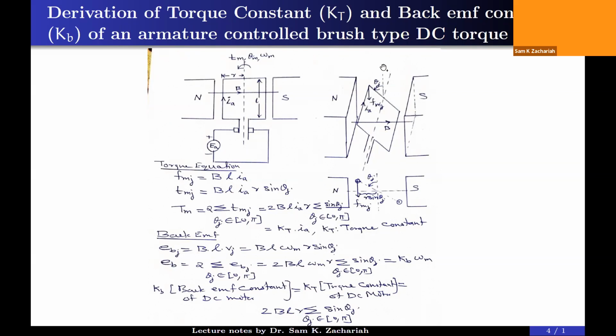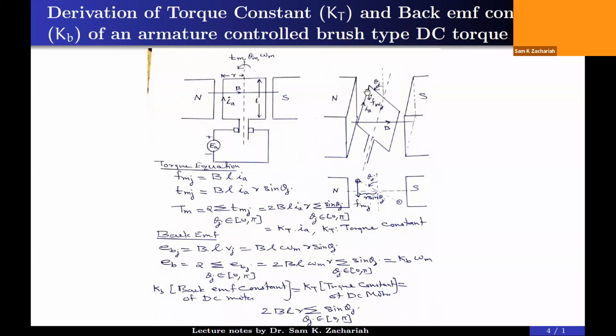And one good thing, you can divide this into two halves. Say this vertical plane divides the rotor into two halves. Corresponding to any such conductor, there will be a conductor 180 degrees opposite, such that both will have the same current and both will experience the same magnetic field, but the direction of current will be opposite.